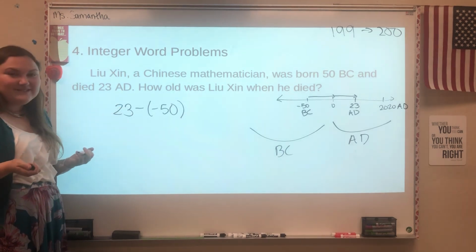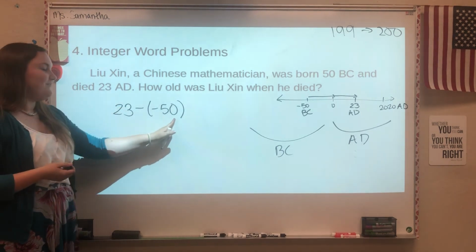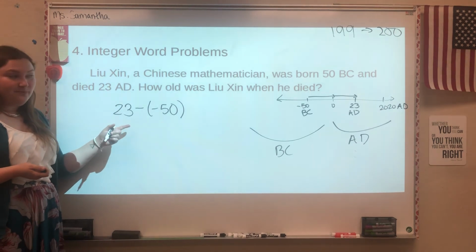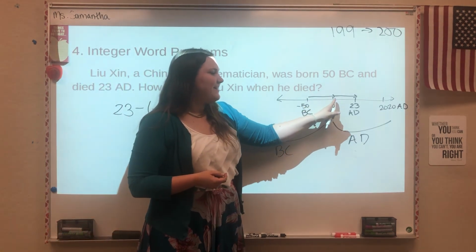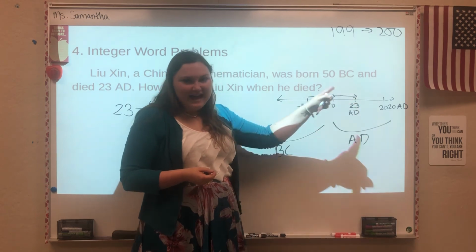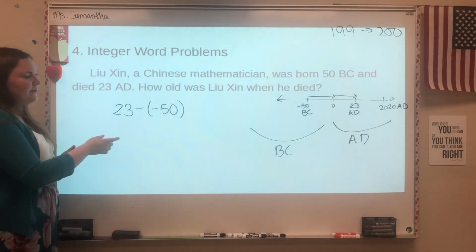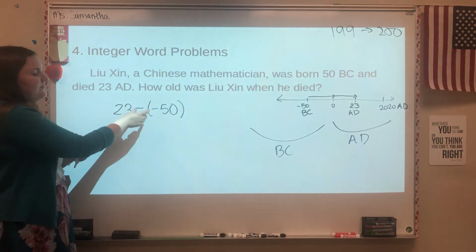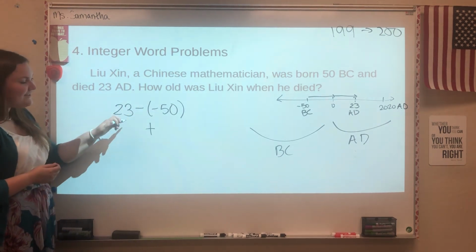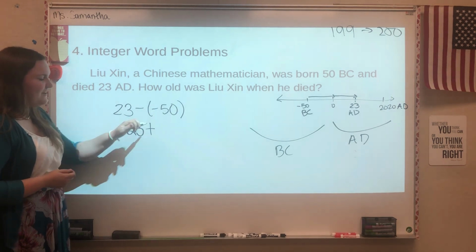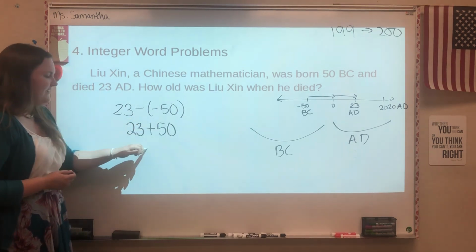The last part of this is doing the math. What are we going to have to do with these numbers? Well, we mentioned before that he lived all of this time plus this time, so we wanted to add those numbers together. We learned in the lesson before this one that two subtraction signs change to an addition sign. So we get 23 plus 50.